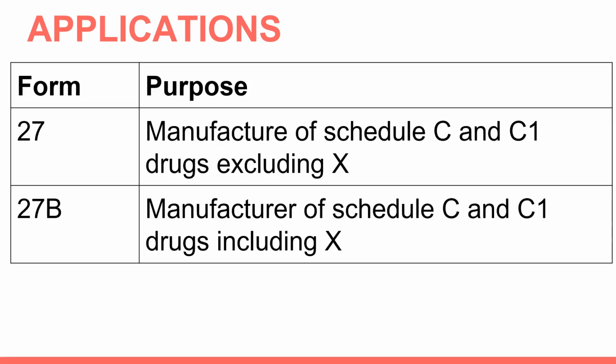The difference between 27 and 27B is, by form number 27, you get a license to manufacture only C and C1 drugs. But if you give an application in 27B, you get a license to manufacture C drugs, C1 drugs and Schedule X drugs also.